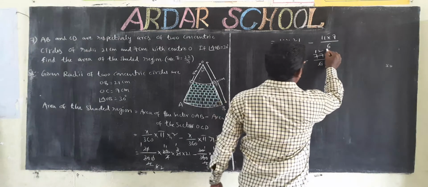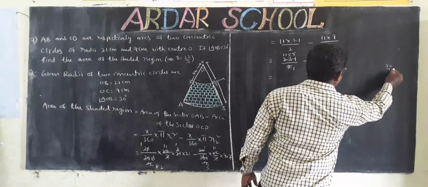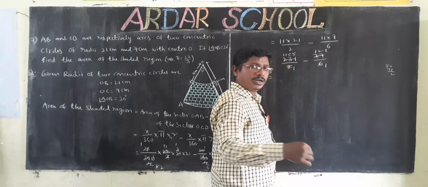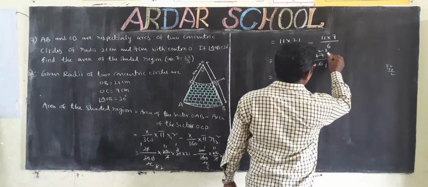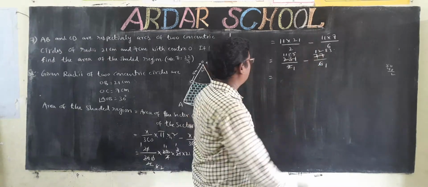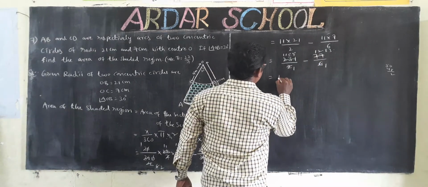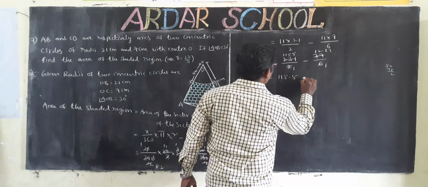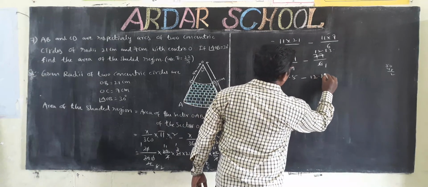6 eights are 48, 2 is the remainder, again take 0, 6 threes are 18, that is enough, 12.83. Okay. So the answer is 115.5 minus 12.83.